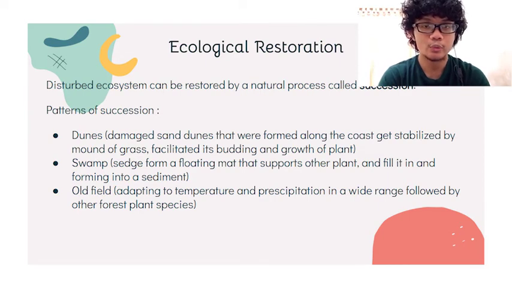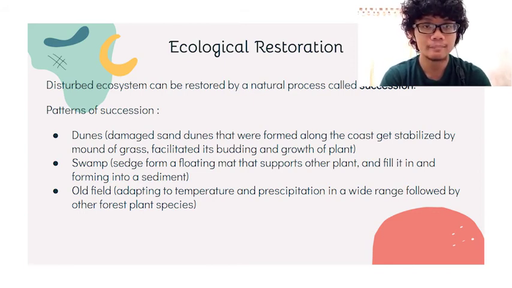And there is also swamp succession, when sedges form a floating mat that supports other plants and can fill it in, creating sediment and a whole new ecosystem. The last one is old field succession, adapting to temperature and precipitation over a wide range, followed by the growth of forest plant species.